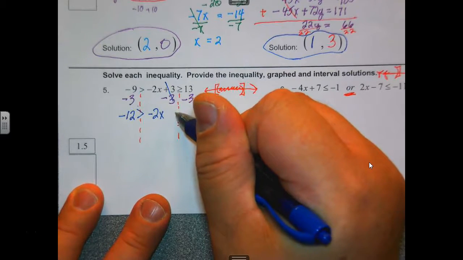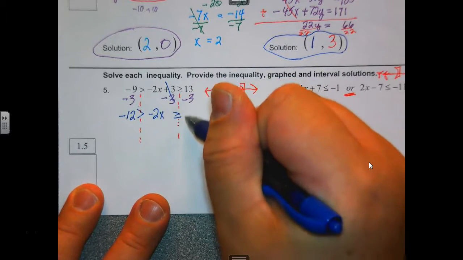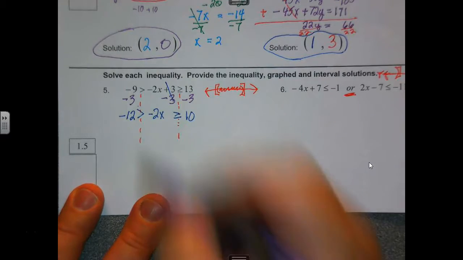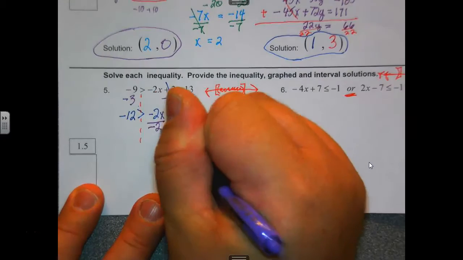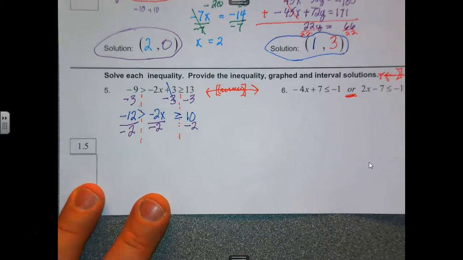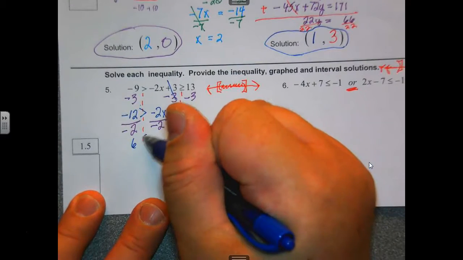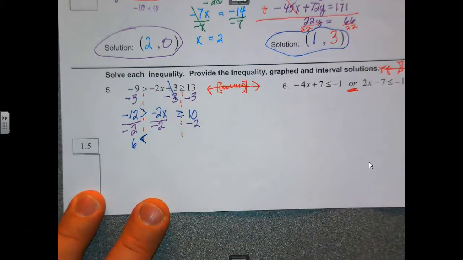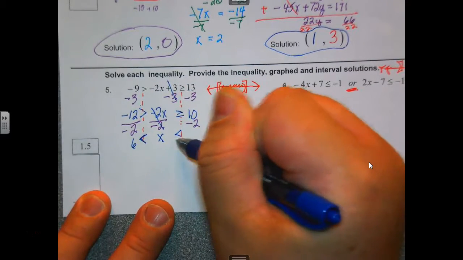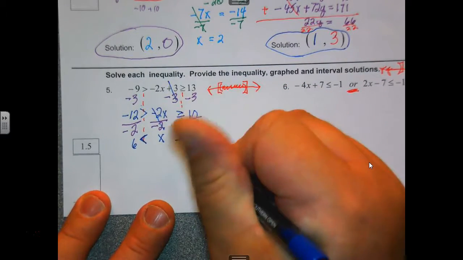Not divide or multiply by a negative number, so the inequality sign stays the same. 13 minus 3 is 10. Good. Divide by negative 2, divide by negative 2, divide by negative 2. Now, this time I am dividing by a negative number, so I'm going to have to flip my inequality sign. That's divided by negative 2.